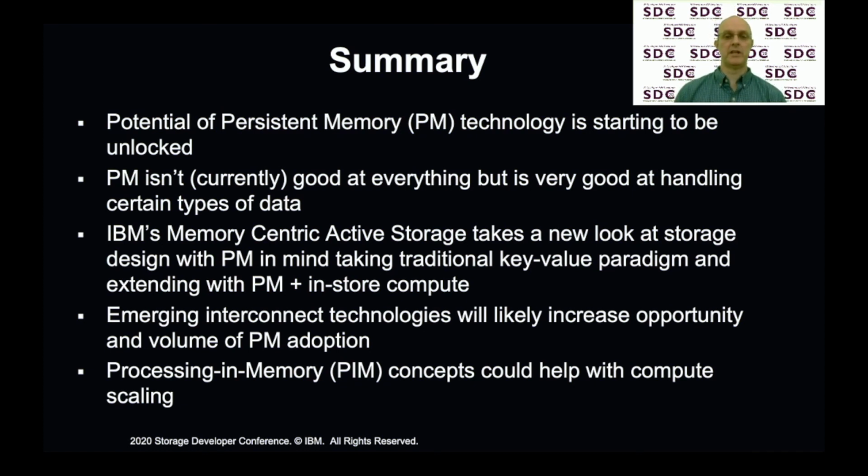There are also emerging interconnect technologies such as OpenCAPI and CXL that will likely increase opportunity and volume of persistent memory adoption. And then for the long haul, to address the compute scaling limitations as capacity scaling continues, we're going to start needing to look to things like processing in memory concepts that will help us to do that.